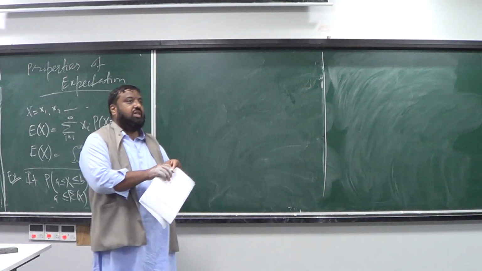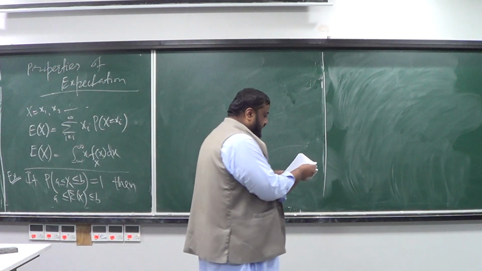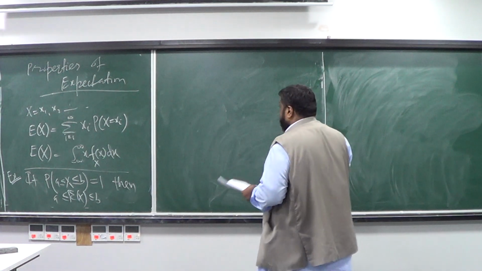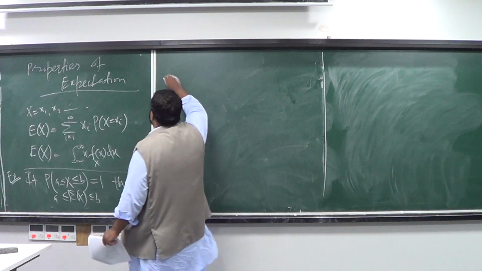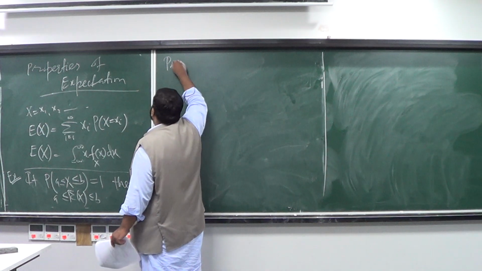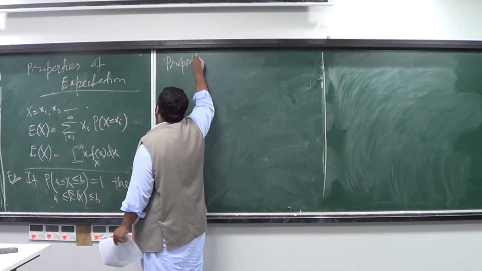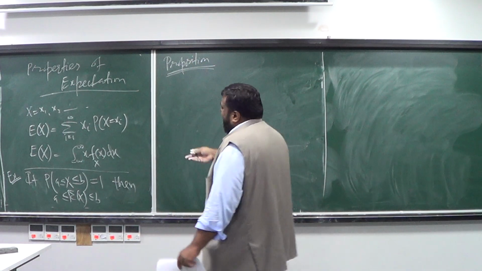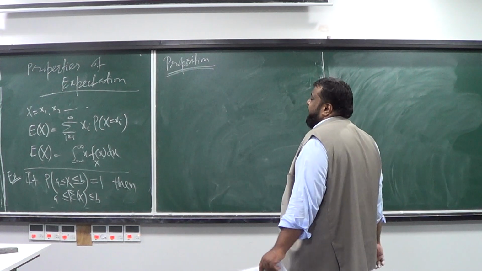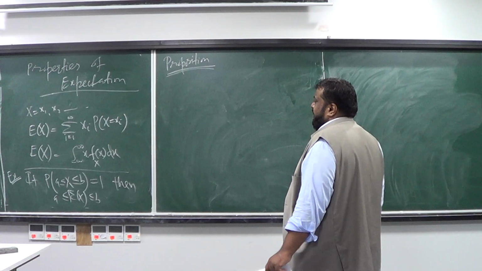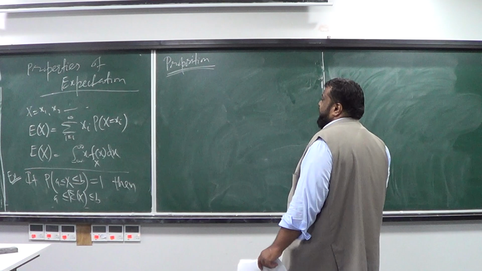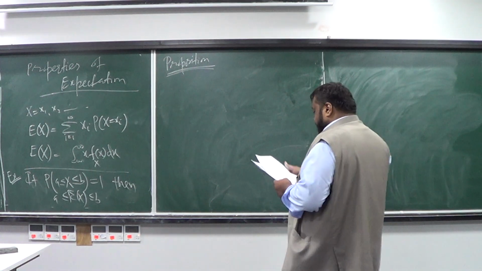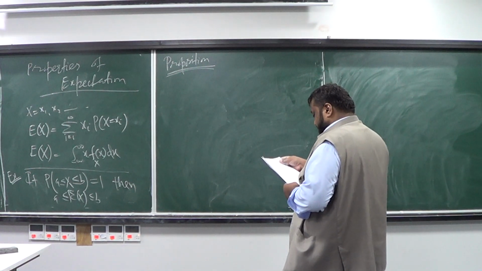Let me move towards the more interesting cases. The more interesting case is to start with, for example, a proposition. Even in one dimension we have seen many properties of it, so in two and higher dimensions it is going to be a more interesting result.